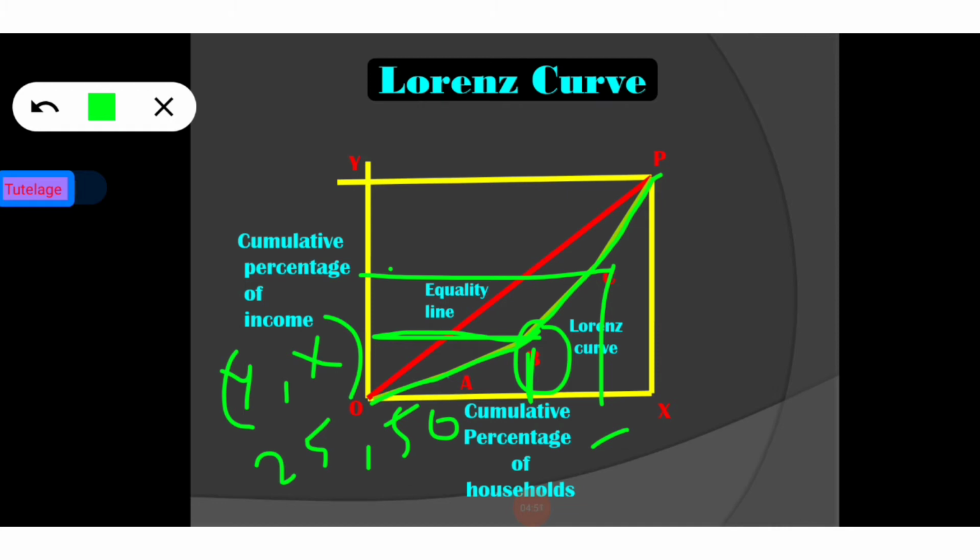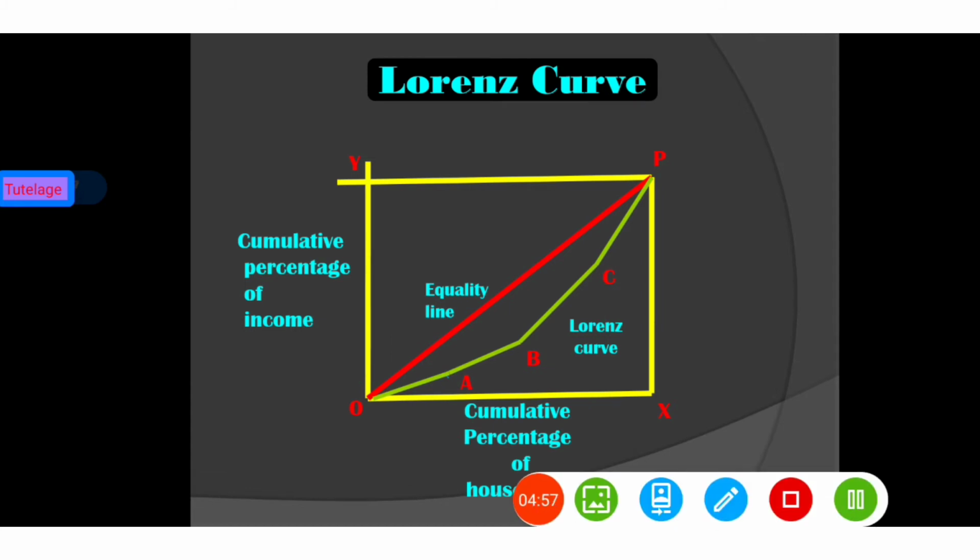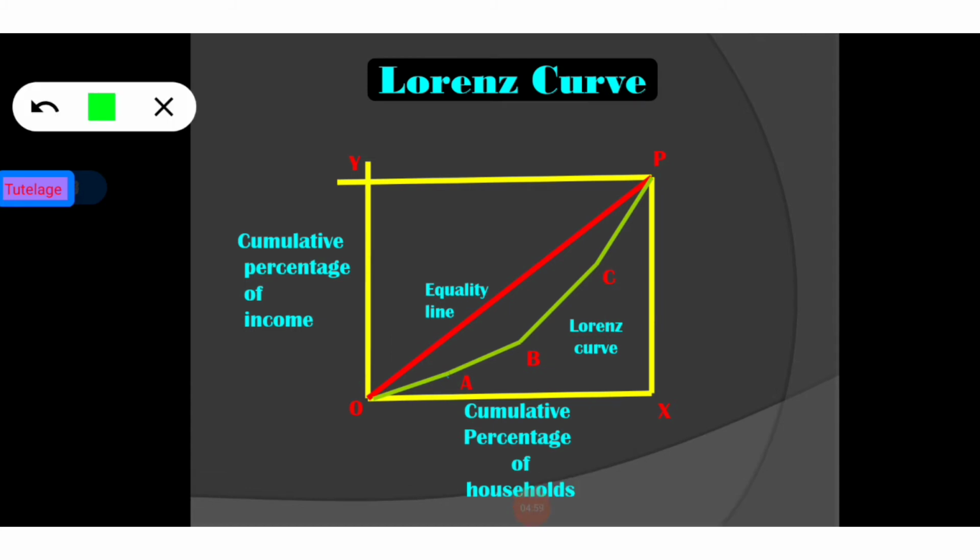So the Lorenz curve is O A B C P. All the plotted points are joined with a smooth freehand curve so as to get the Lorenz curve, that is OABCP. This is clear.